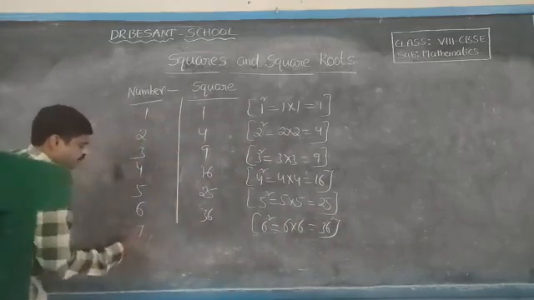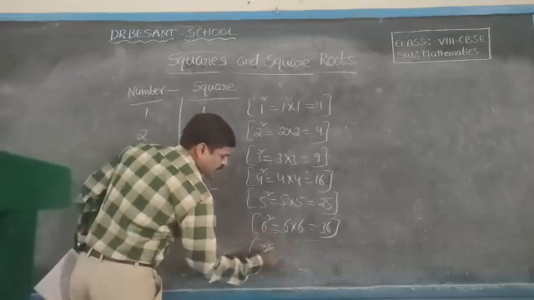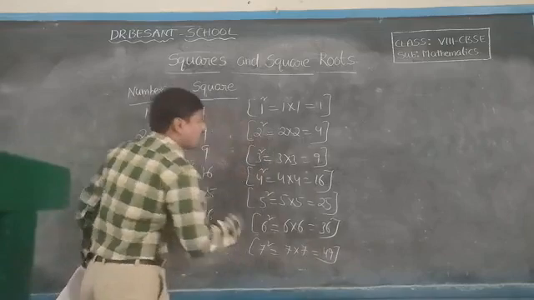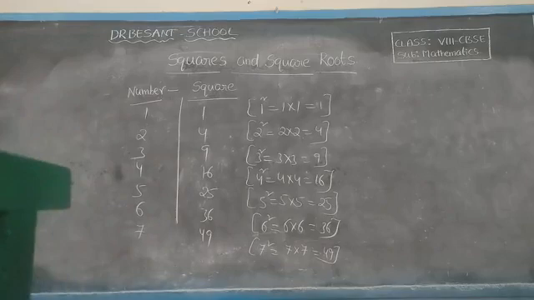Next 7, so that means 7 square. 7 into 7, that is equal to 49. Okay. Next 8. So like this we can do it.